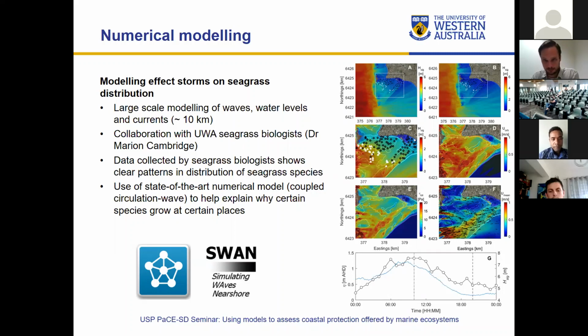So the seagrass that was more offshore and was subject to higher waves had a much stronger root system, so they could withstand bigger waves. And we did that by running a few storm scenarios. But it's typically something where a numerical model comes in quite handy, because it can help you understand why things are the way they are.